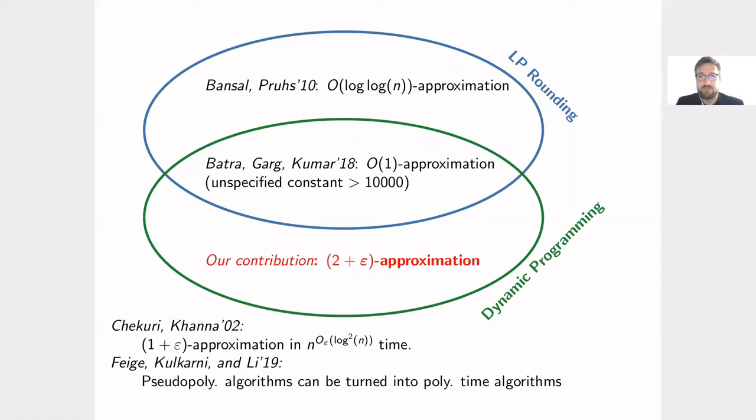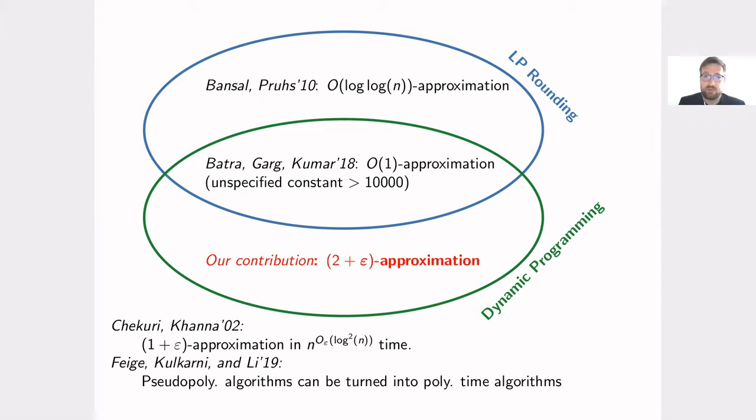Let me now give you an overview of what is known about the offline single machine case. One important breakthrough was achieved by Bansal and Pruhs, who used very elegant geometric ideas and LP rounding techniques to obtain a log-log-n approximation algorithm.